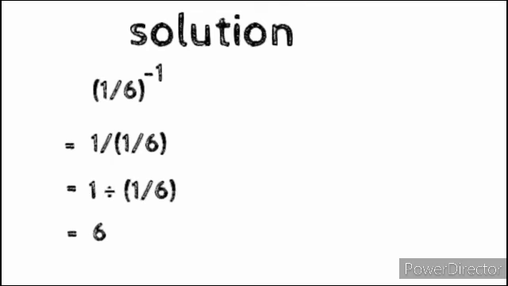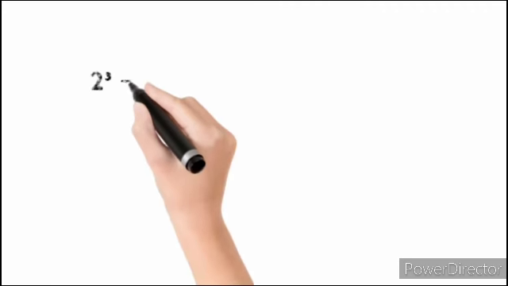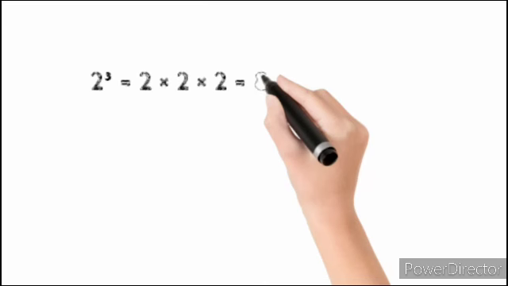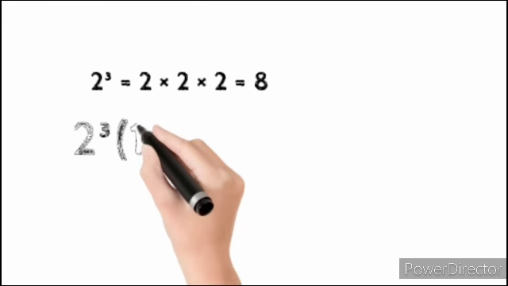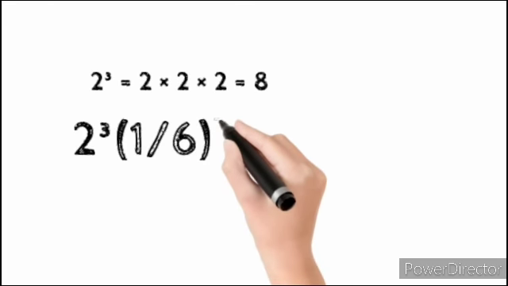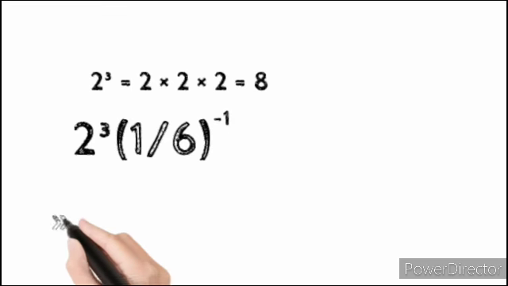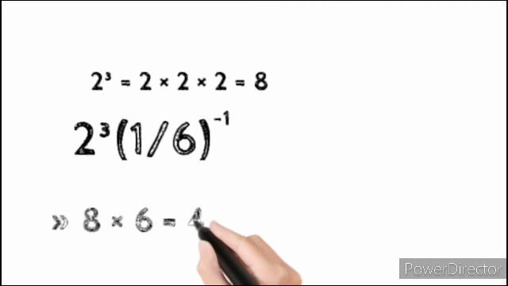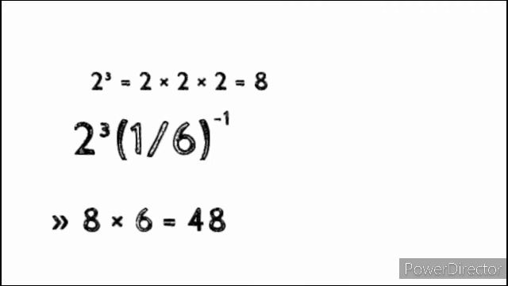Now, 2 raised to power 3 times 6 gives us 2 times 2 times 2 times 6, which equals 48. So our total answer for this question is 48. All right.